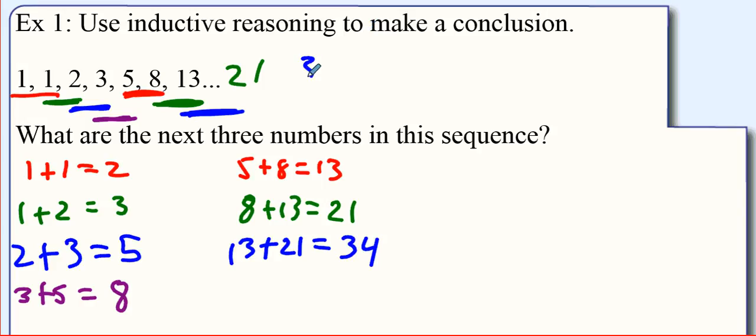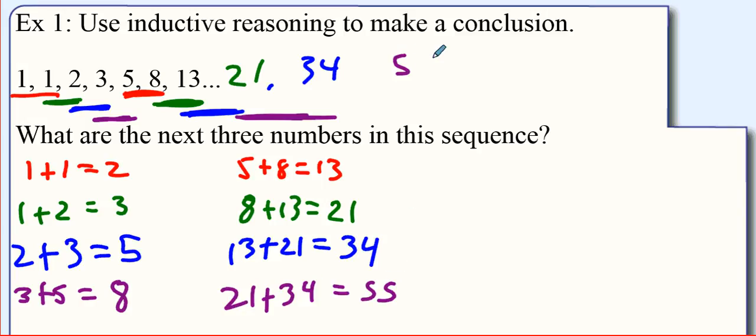And then 21 plus 34 is 55. So our third number there would be 55. Adding up the previous two numbers gets you the next number. Sometimes there might be more than one answer when you look for an inductive pattern, though.